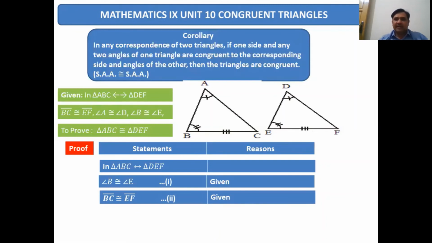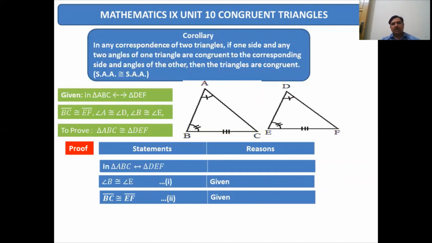Now, the important thing is that we know the sum of the angles of a triangle is 180 degrees. If two angles of one triangle are congruent with the corresponding two angles of the other triangle, then the third angle is also congruent.